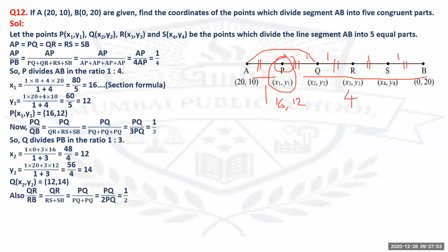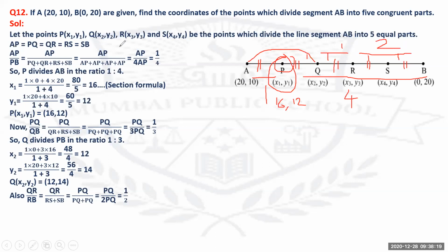Now again, when you move ahead to the next point, understood, that is QR upon RB, for point R. You get the ratio as 1 upon 2. Understood? Check this. QR is 1 part and RB is 2 parts. So you get that as 1 upon 2.